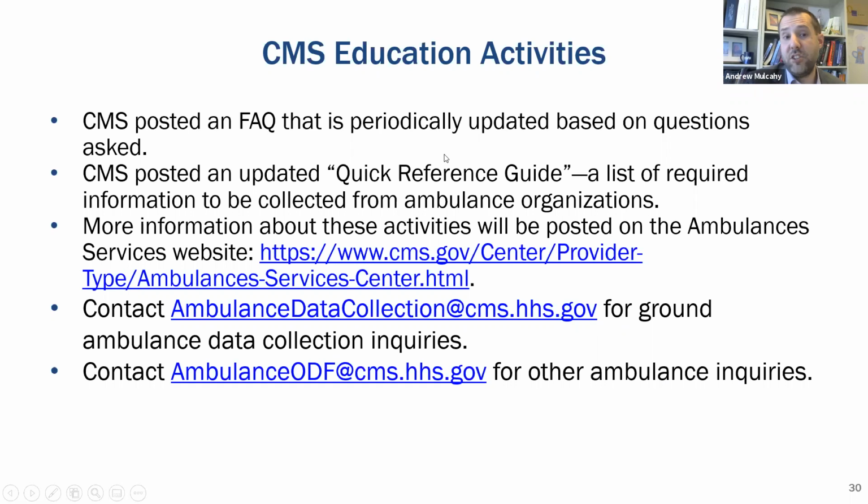There's a lot of great information here, and if you have an organization that may be a little quirky on one dimension or another, this is a great place to check to see if CMS has already provided a response to some questions. As unique as each ground ambulance organization is, by this point, the RAND crew and CMS have talked to a lot of them, and the odds of someone else coming up with a similar question at this point are on the high side.